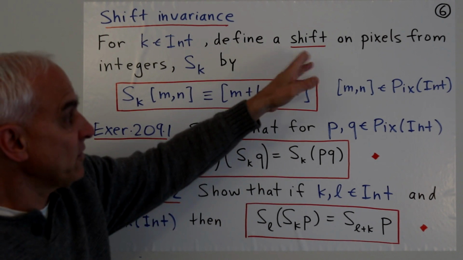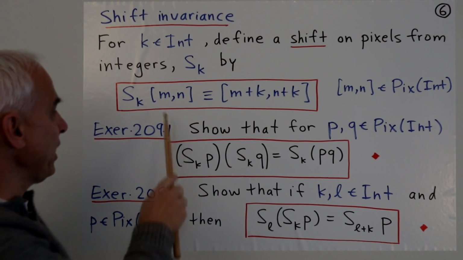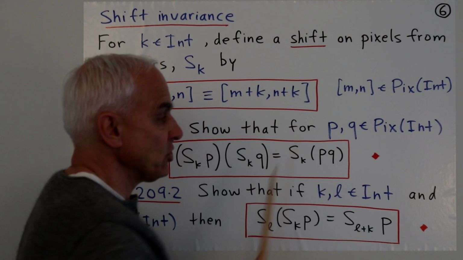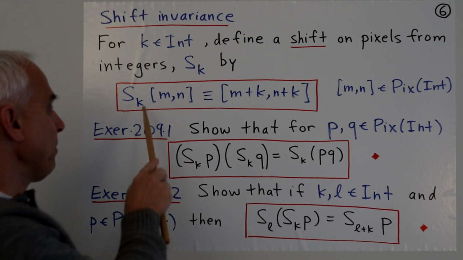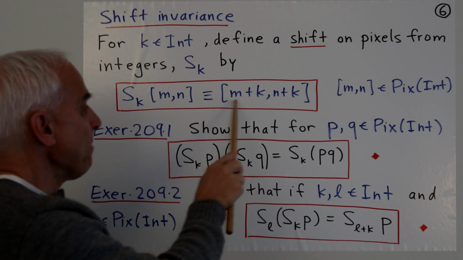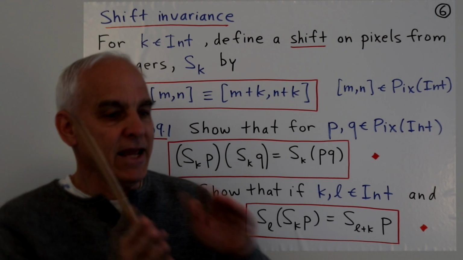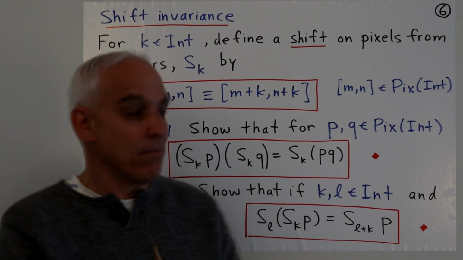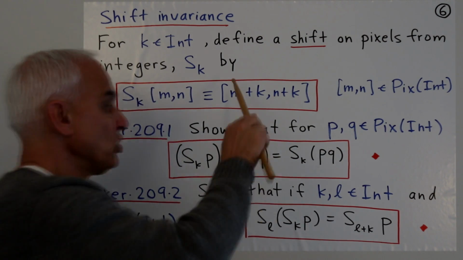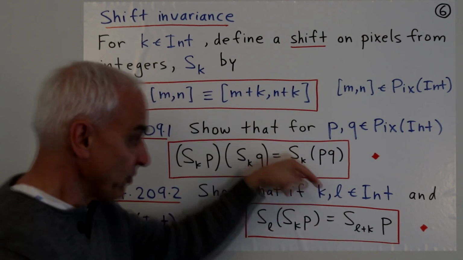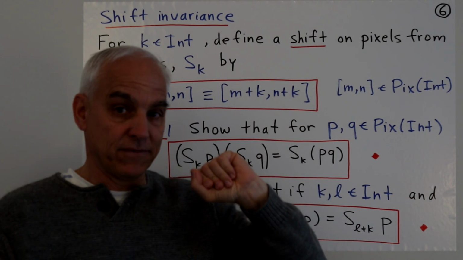This is going to be a shift on pixels from integers, defined the following way. Here (m, n) is a pixel from integers, and s sub k is our shift, and by definition this is going to be (m plus k, n plus k). So all we're doing is adding k to both the values at the same time. That's effectively shifting it diagonally, in this direction if k is positive, and in this direction if k is negative.